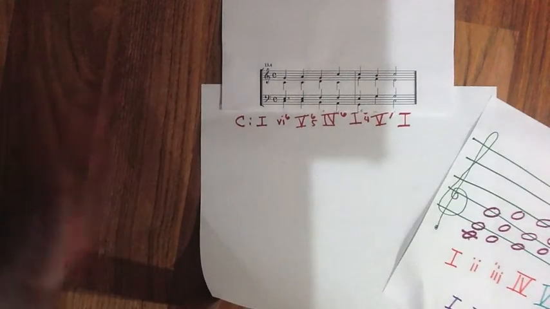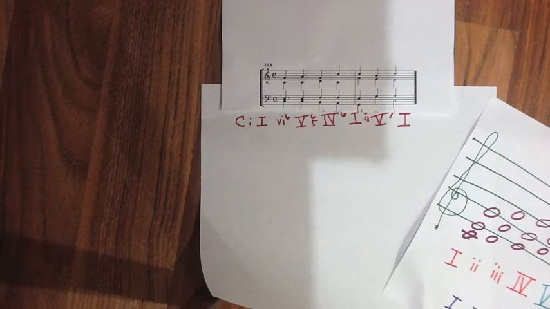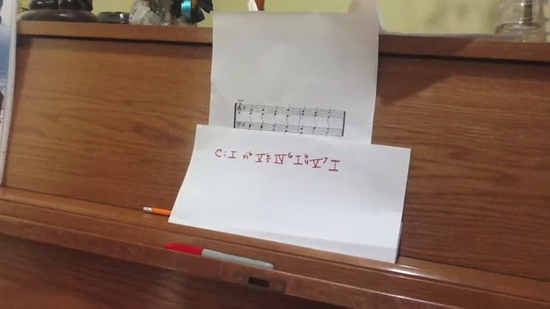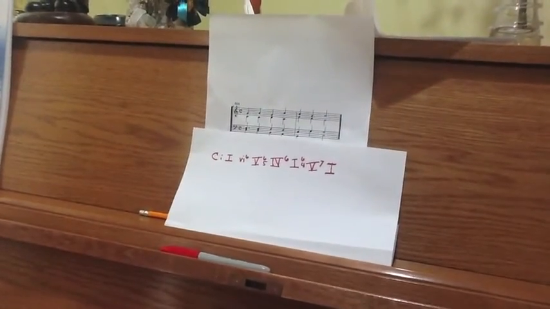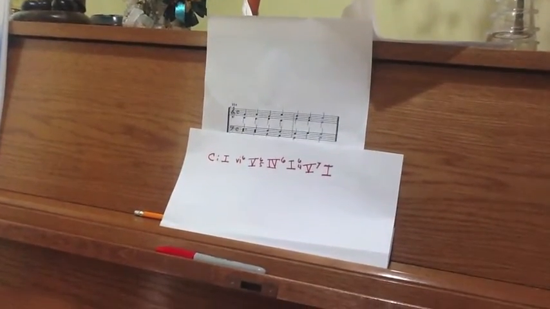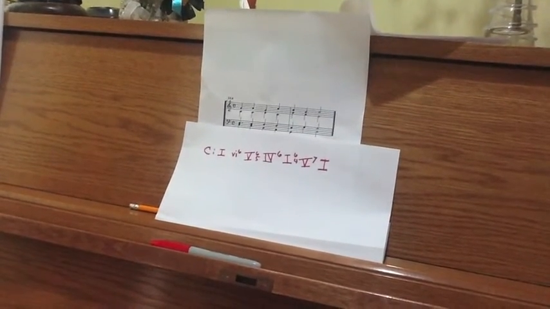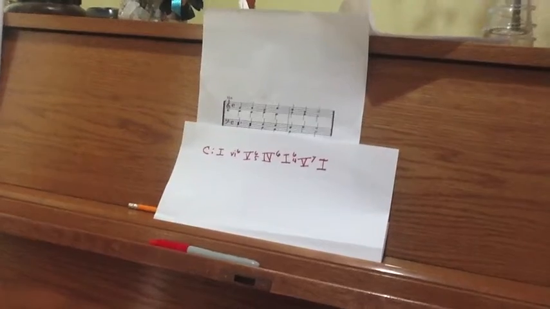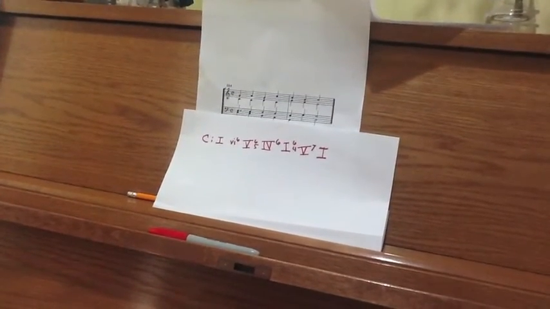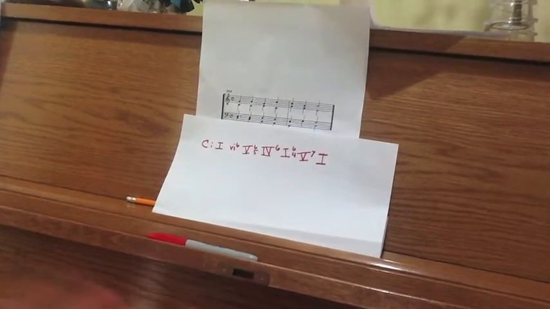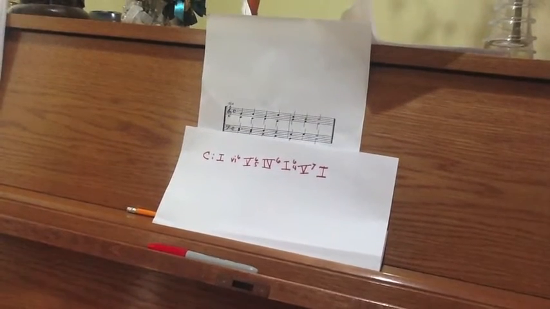So what we're going to do now is head over to the piano and see the effects of Roman numeral analysis on how we play and how tonalities are heard. So here we go. Alright, so now we're here at the piano, and what I'm going to do is play the chords for you as they're written on the page, and then we're going to take a look at the practical applications of Roman numeral analysis and how we can just take what we have here and transpose it to a whole other key.